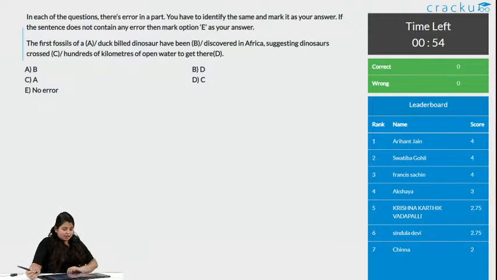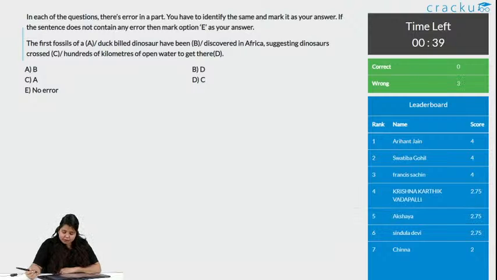Pravolika, yeah, correct. Okay, 2 people got this wrong, 3 people got this wrong.